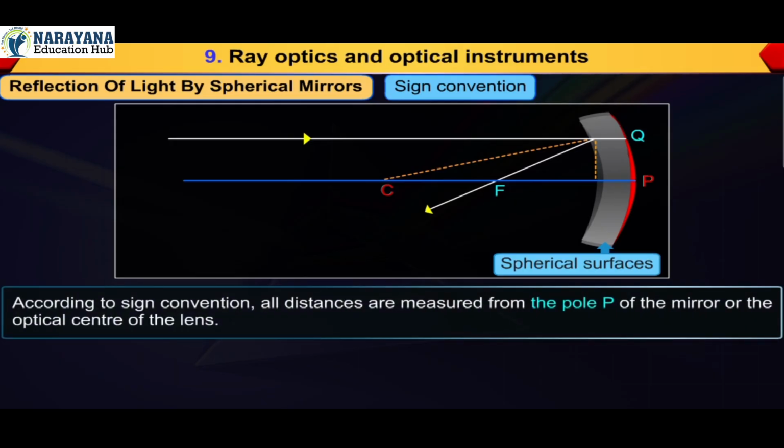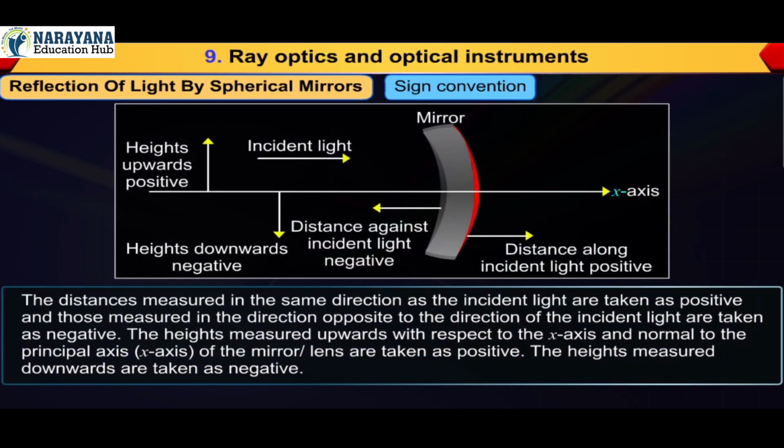According to sign convention, all distances are measured from the pole P of the mirror or the optical center of the lens. The distances measured in the same direction as the incident light are taken as positive, and those measured in the direction opposite to the direction of the incident light are taken as negative.